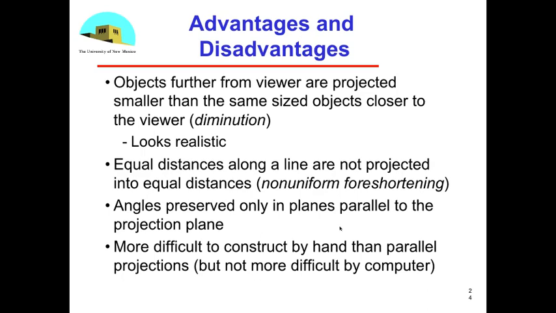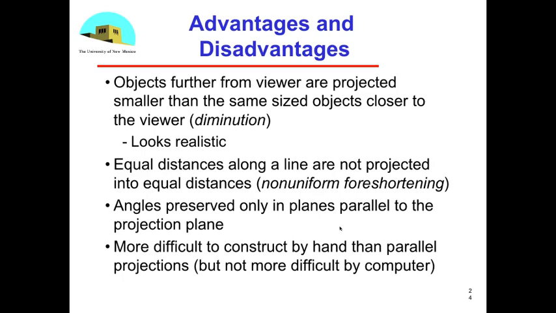We simply set the parameters that describe the camera, we describe our objects, we do the projection, and out comes that image. Now, the difficulty, from the perspective of someone like an artist or an architect who is used to doing it by hand, is that it's very difficult to get the relationships between the object and the viewer, because everything we're doing by computer is based on the idea that all of these specifications are independent of each other.